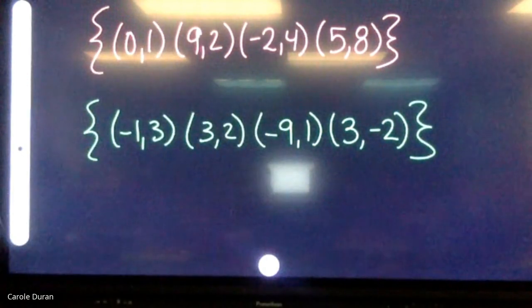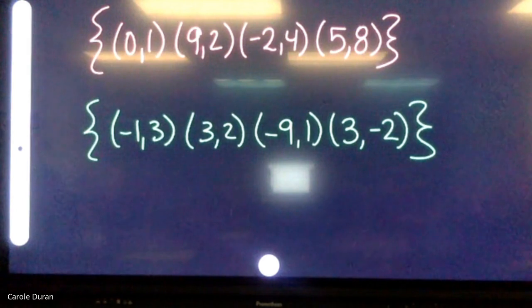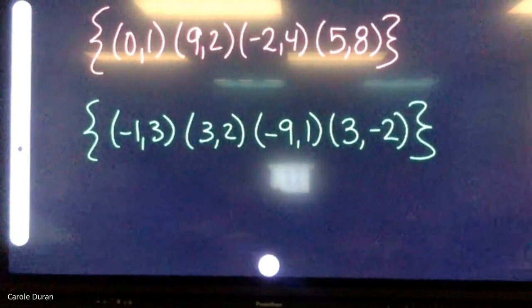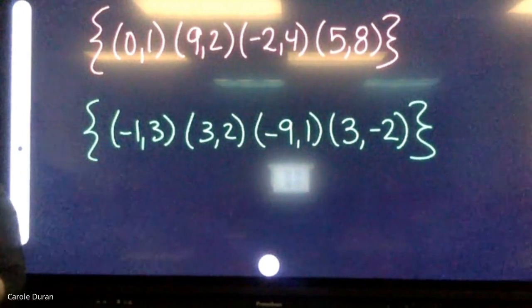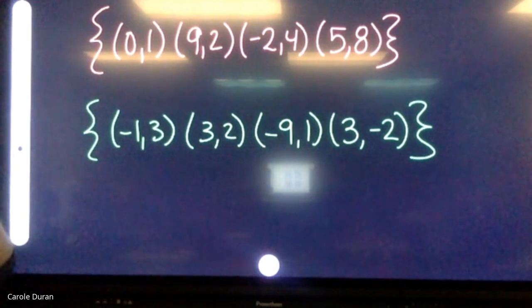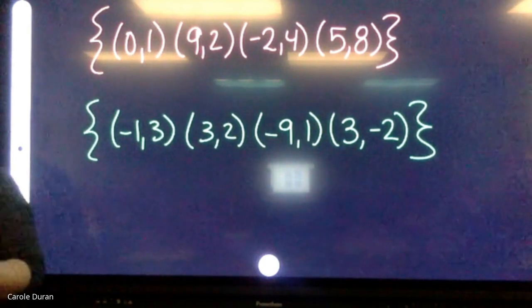So these are the 2 examples we're gonna go ahead and look at. I will wait till everyone is done writing. This is the same thing. Our relation has just been given to us a little differently. That's all.